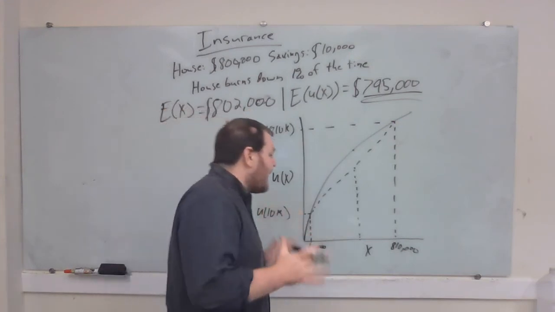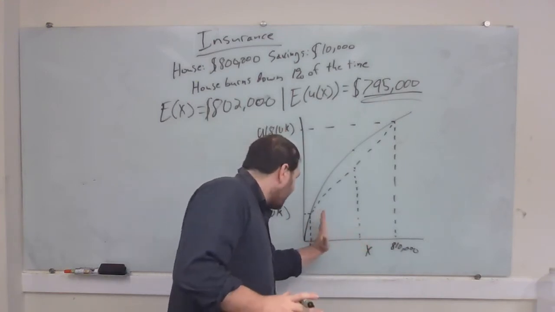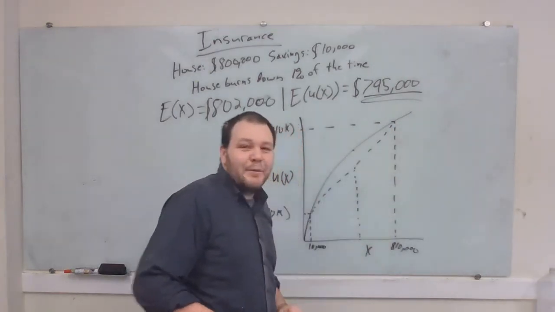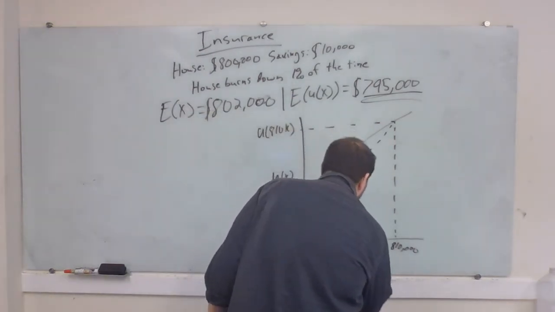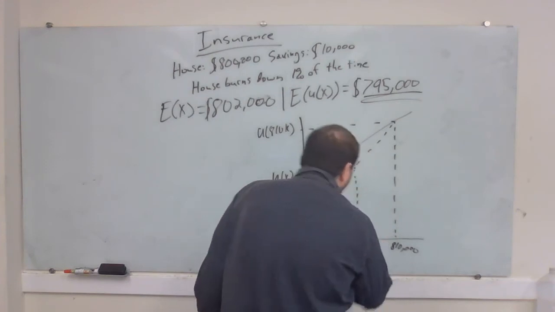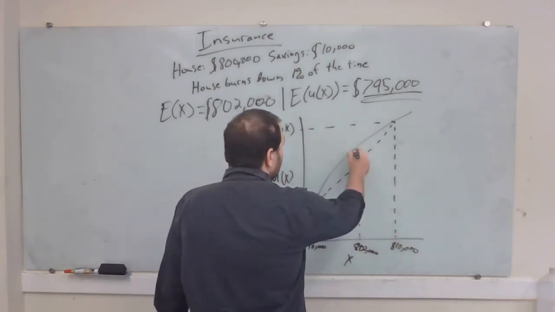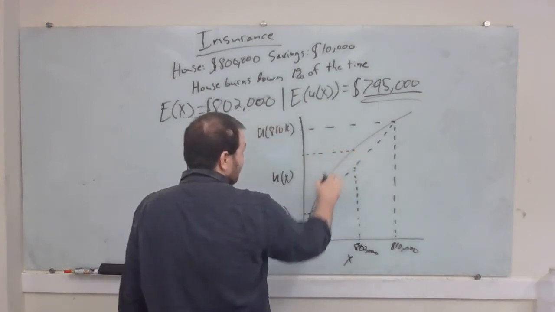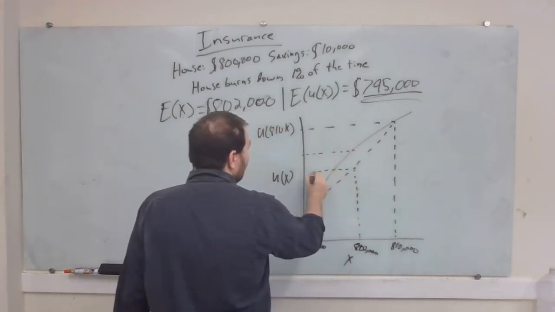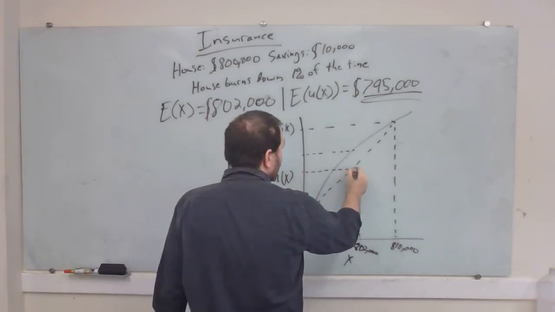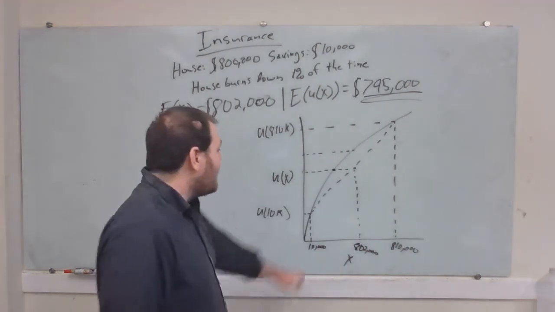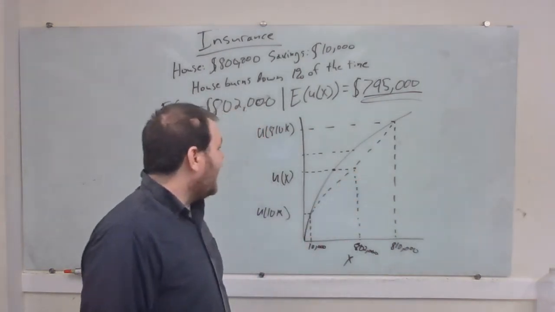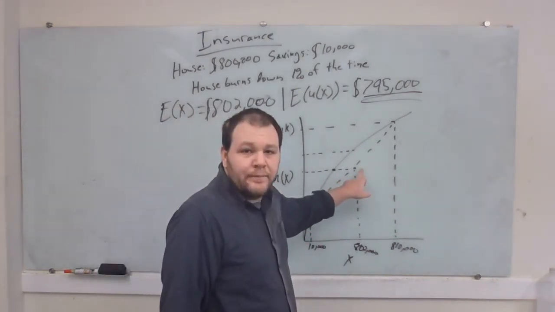In other words, in order to graph it, let's think about 50-50, because I don't want my graph to be at the 99% versus 1%. So 802,000 is going to be the weighted average of these two numbers. The utility of 802,000 is going to be here, and then the utility of 795,000, my certainty equivalent, is going to be here. That is how happy I am when I'm not being offered any sort of insurance at all.